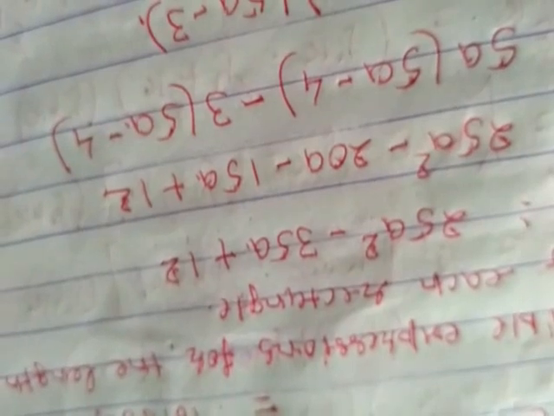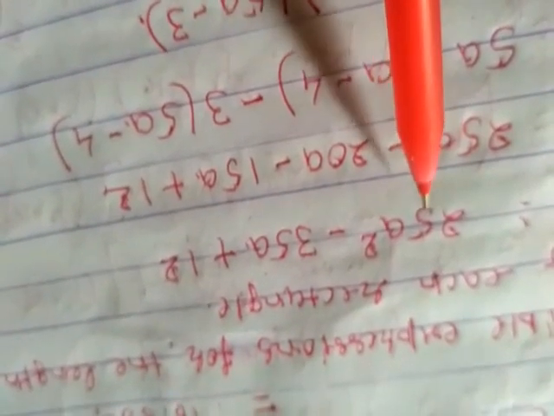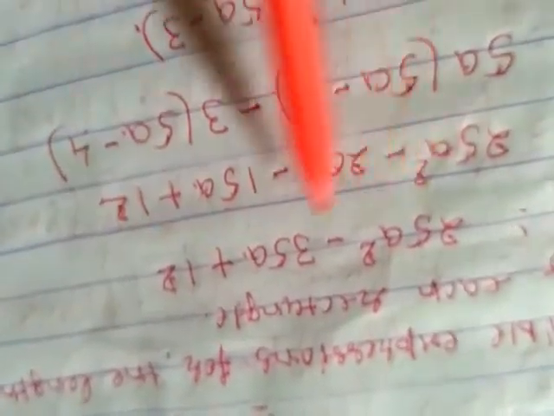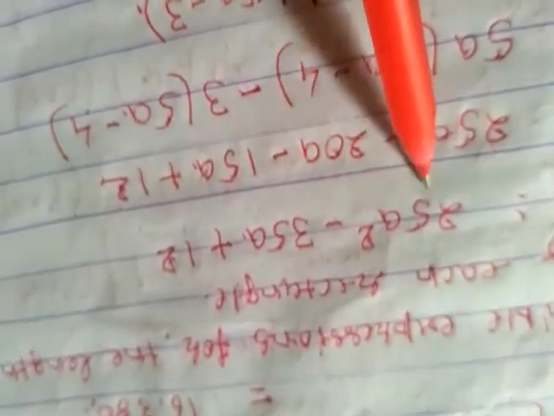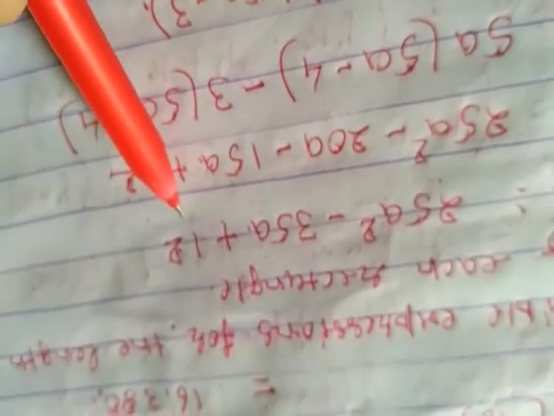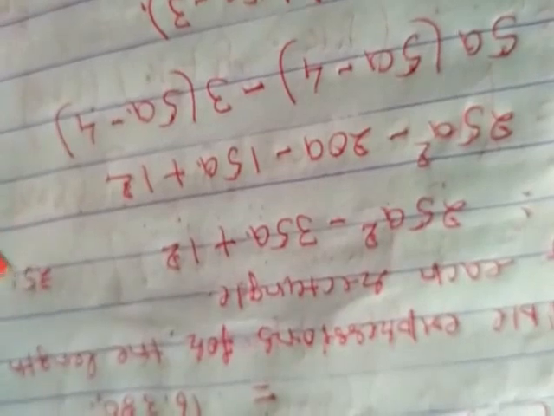So we are going to factorize this expression by splitting the middle term. Here the coefficient of a square is 25 and the constant term is 12. When you multiply them together, you have 25 into 12 equals 300.